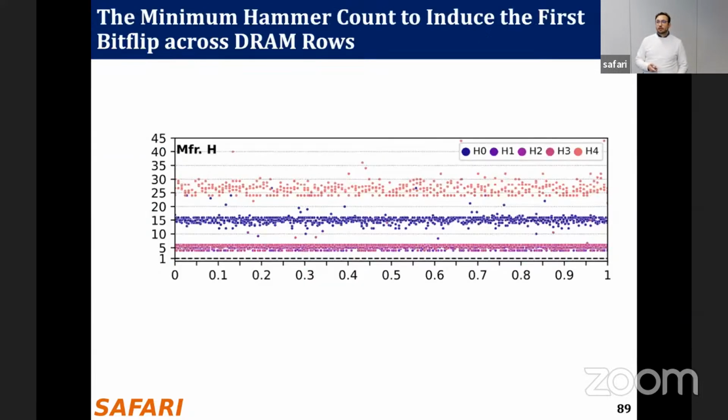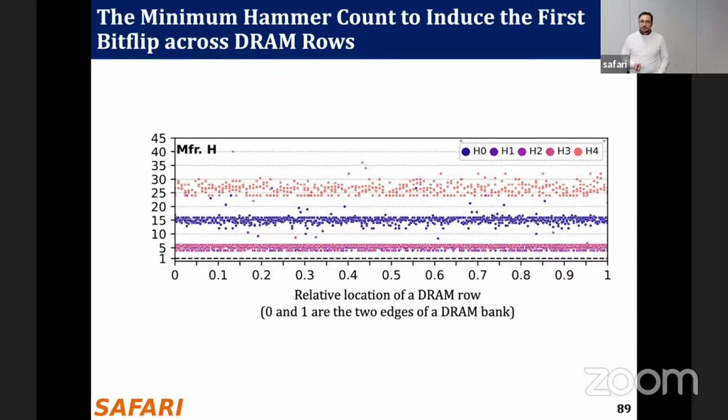Okay. And here, at the moment we know that there is a large variation. So we want to understand if this variation somehow correlates with the row's location within the DRAM bank. On the x-axis, we have the relative location of a DRAM row.